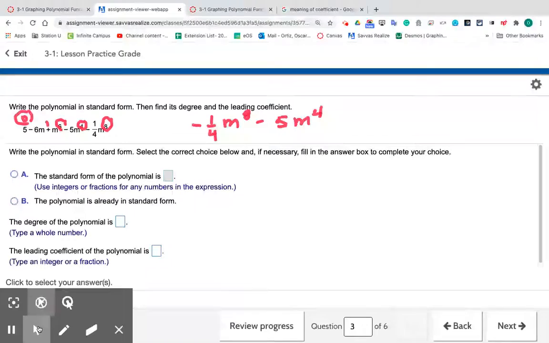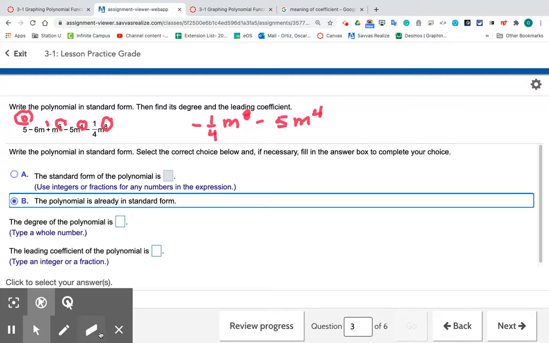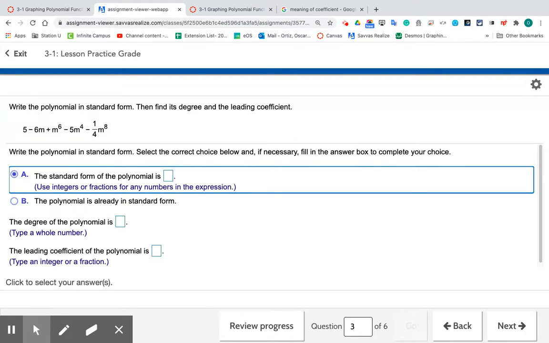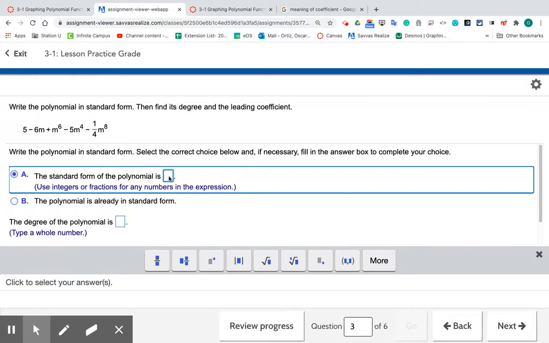I'm going to erase this here if I can, and I'm going to go back to this. Okay, so standard form of the polynomial. And I need to start with this negative 1/4 m to the 8th.